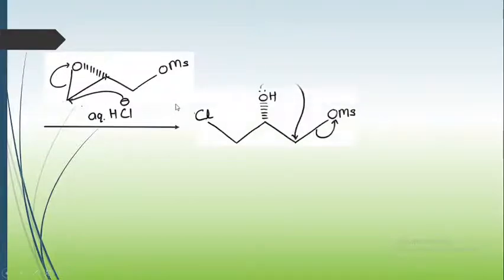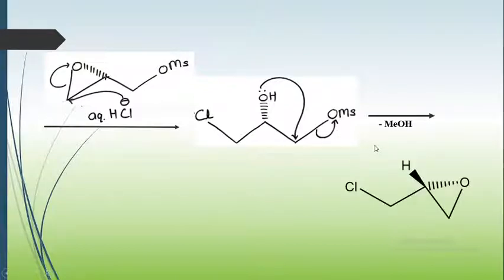The chloride ion attacks here, and this oxygen abstracts this proton. We get this OH. Then, by the removal of MOH, we get our desired molecule, epichlorohydrin. This is the R-epichlorohydrin.